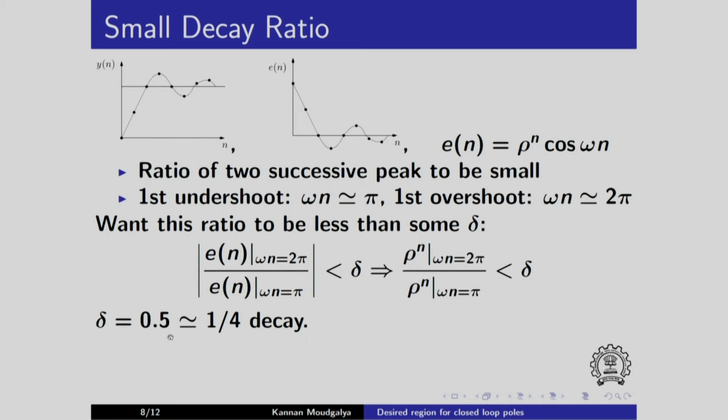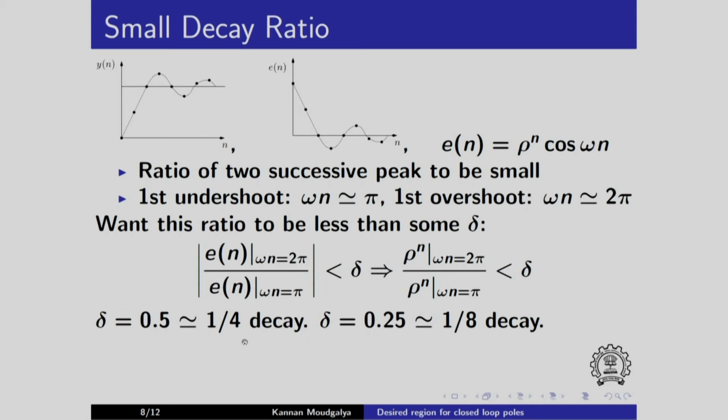When delta equals 0.5, that is half, we refer to it as 1/4 decay, because from here to here it is half, from here to here it is half, and hence from here to here it will be 1/4. Similarly, if delta is 0.25, then it is approximately 1/8 decay.